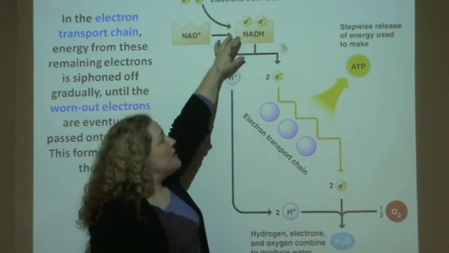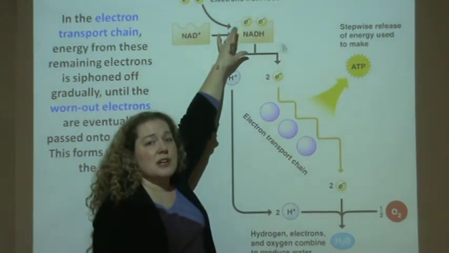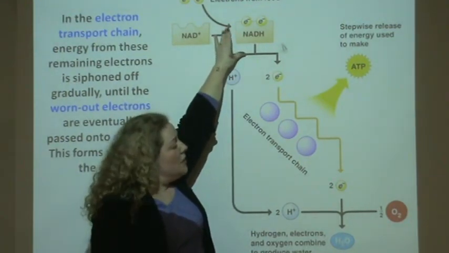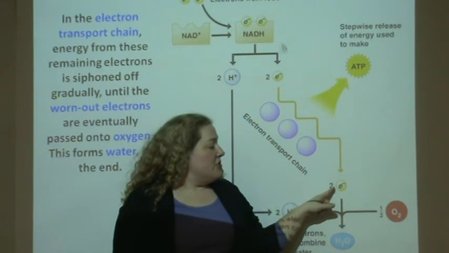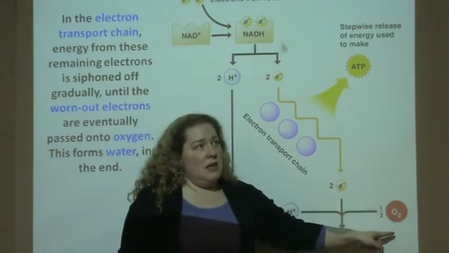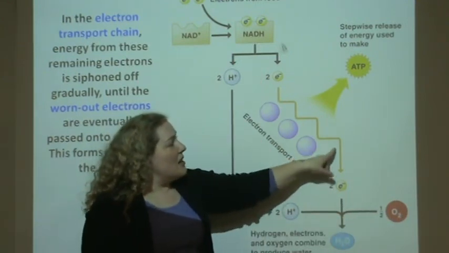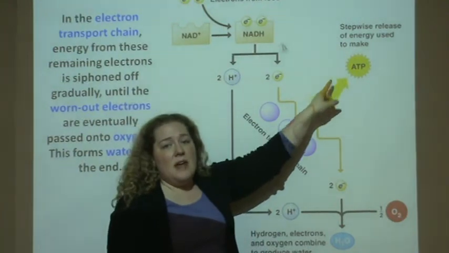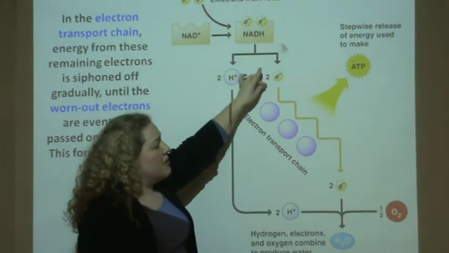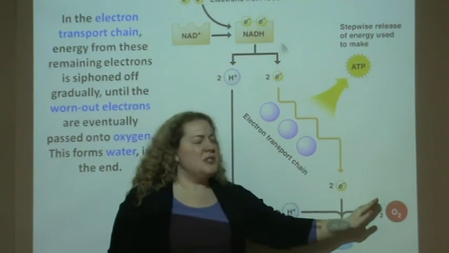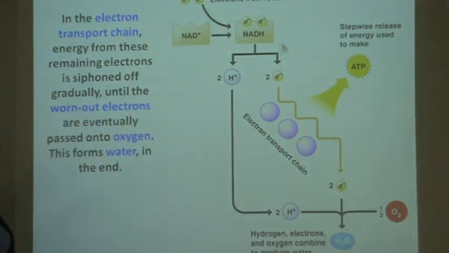So we have electrons coming into the electron transport chain, they're high energy. When they leave the electron transport chain, they're low energy, and some of the energy that they lost has gone into making ATP. And your book describes this as electrons falling downhill, which is a pretty useful concept.